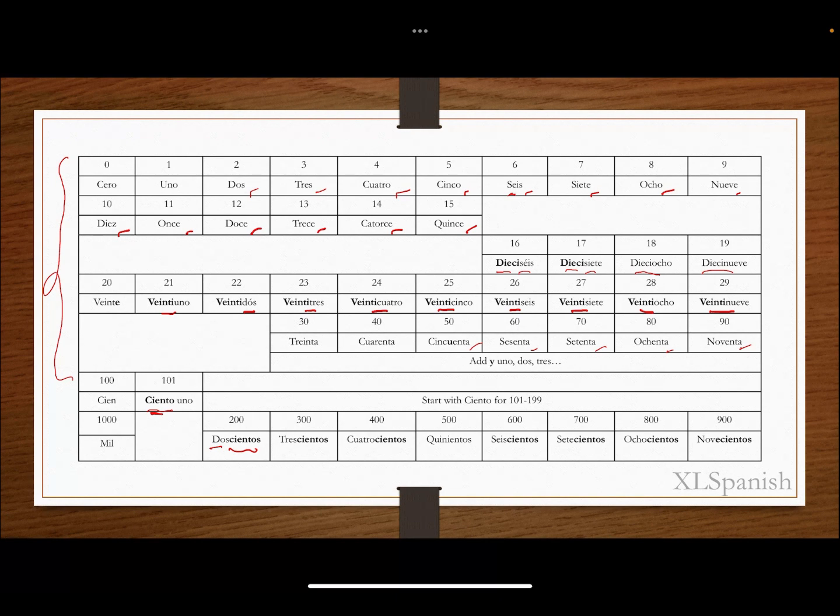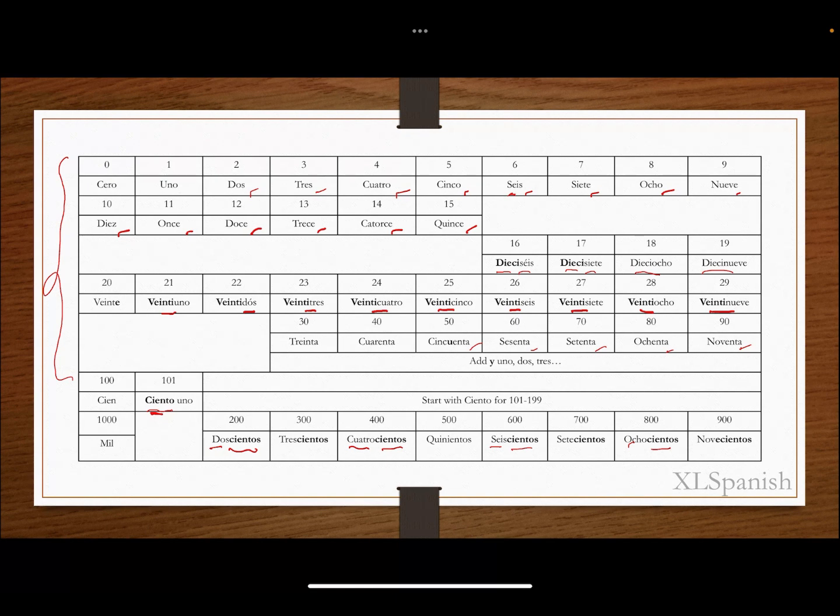Okay? 300, trescientos. 400, cuatrocientos. Let's skip 500 for now. 600, seiscientos. Let's skip 700, 800, ochocientos. And we'll get back to 900.